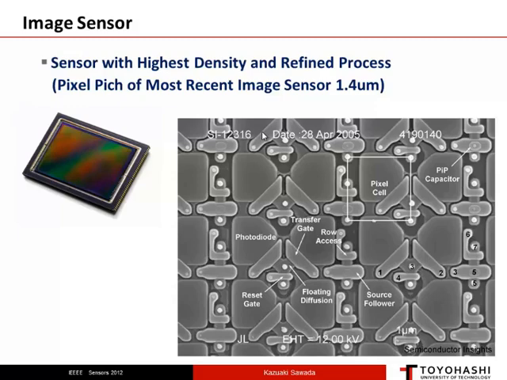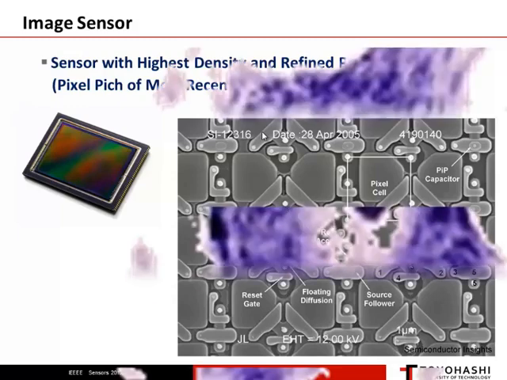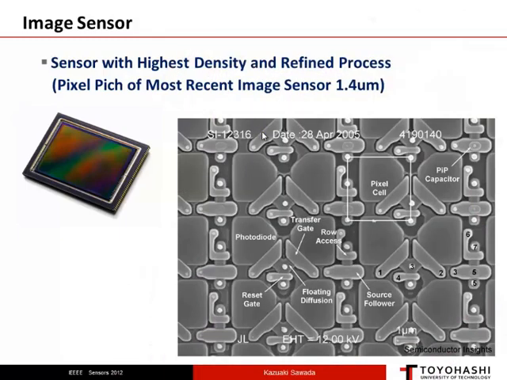Let me superimpose a human cell on the sensor chip, like that. The diameter of a human cell is about 20 micrometers. It means there is a possibility to catch the chemical reaction or chemical situation on the surface of the human cell, like that.